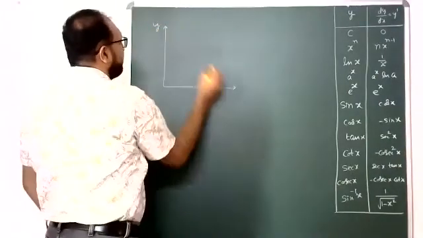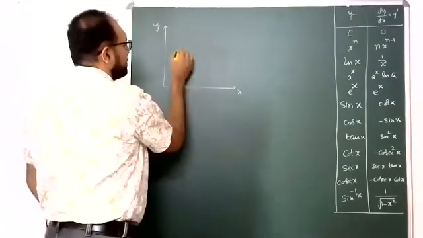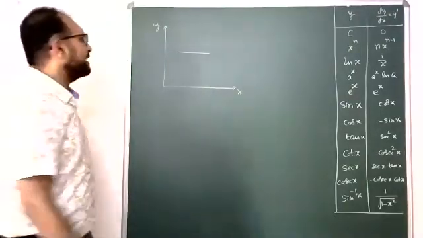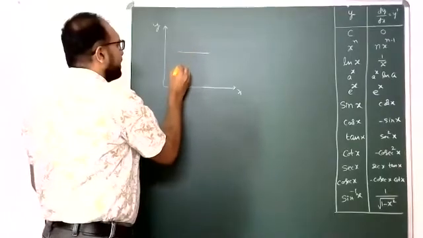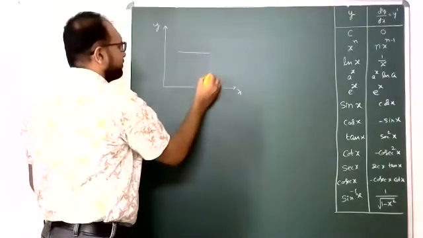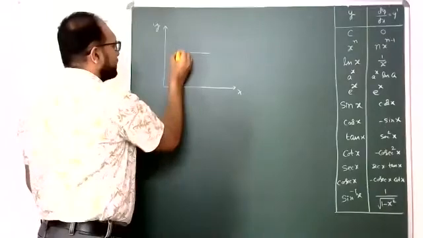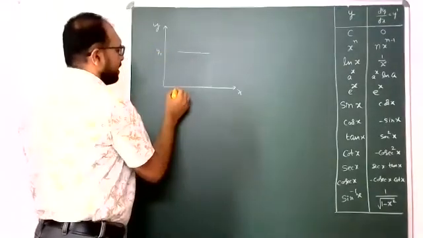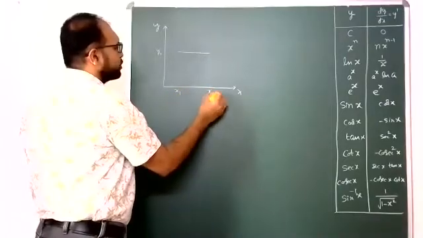here, y versus x. Suppose it is one straight line. Area under the graph, from here to here. Suppose it is y1, it is x1, it is x2.